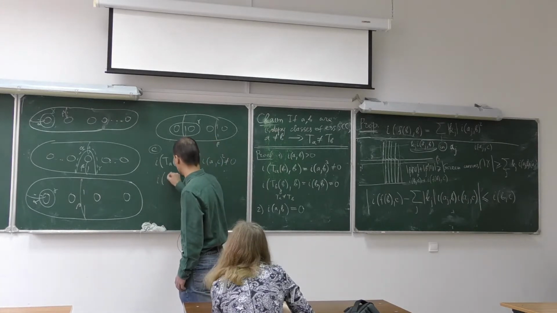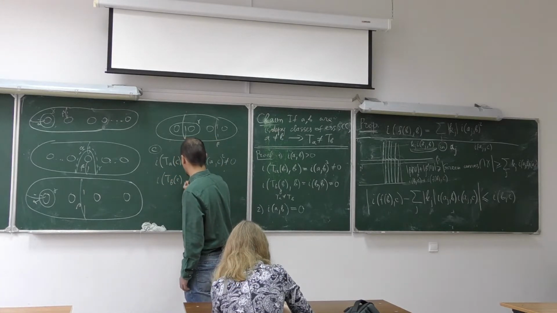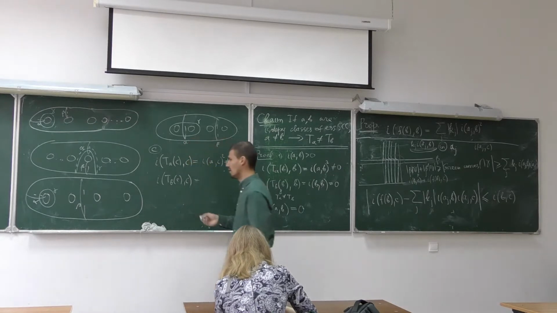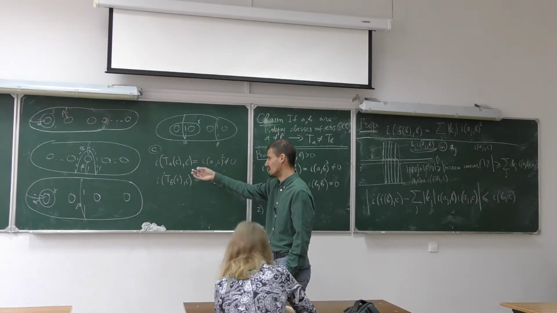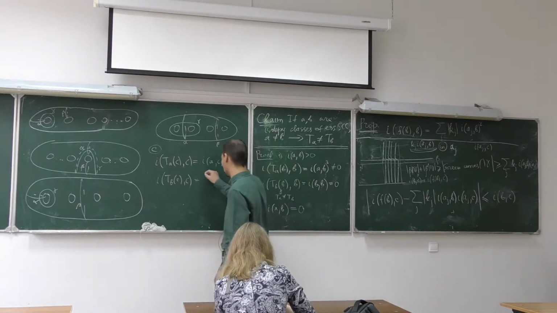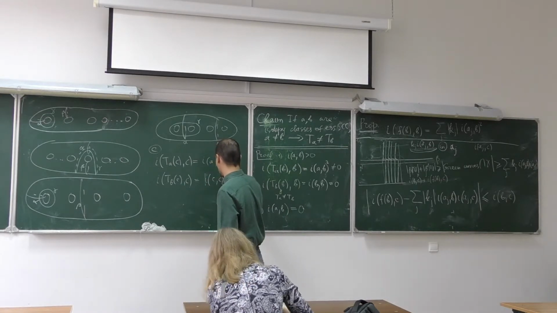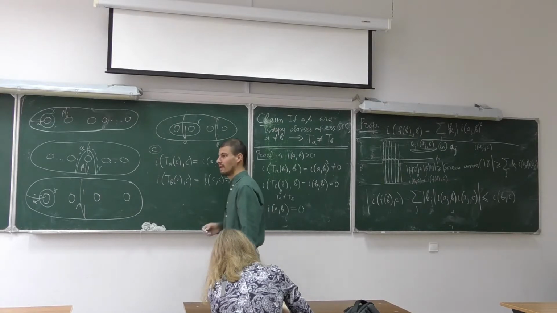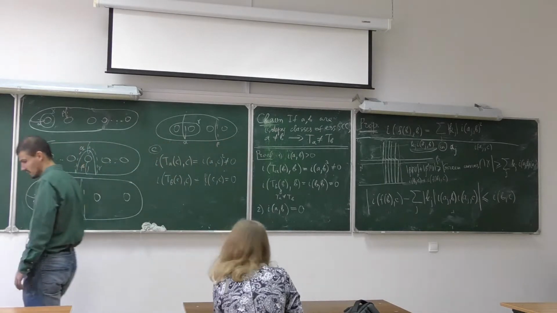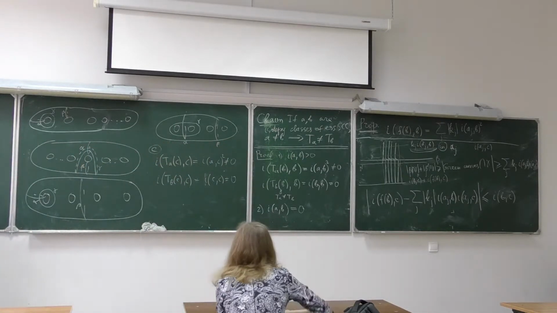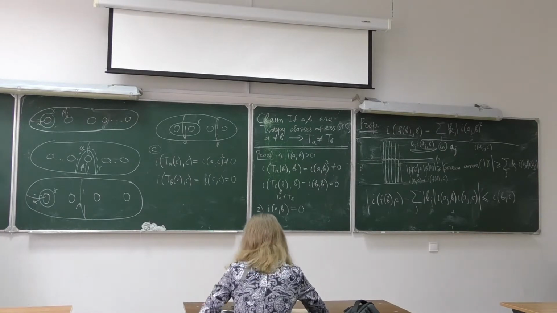But if we take TB of C, then since B is just disjoint from C, we don't even need that formula. It is just C with itself, and it is 0. And again, we come to a contradiction. We see that TA is not equal to TB.